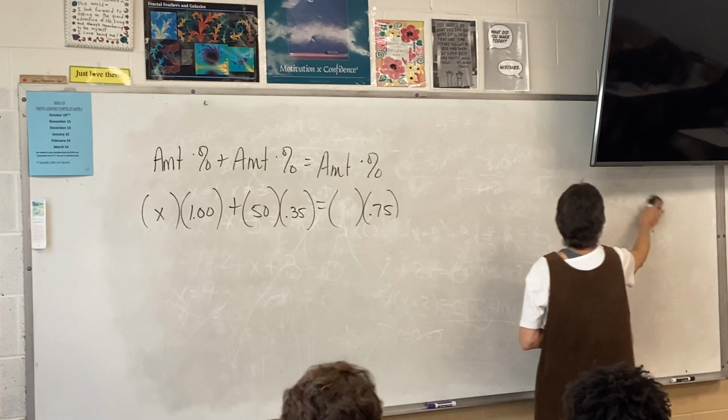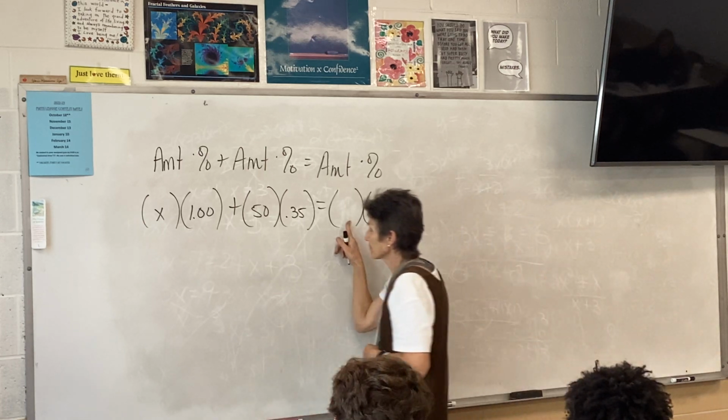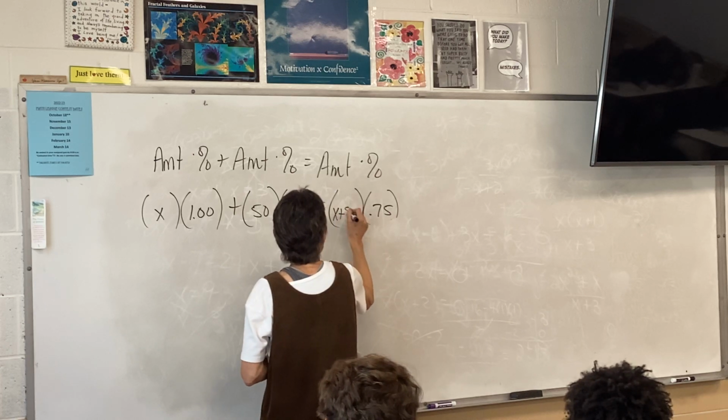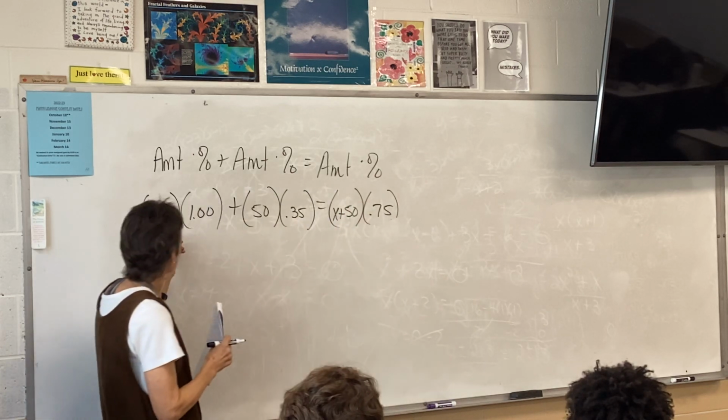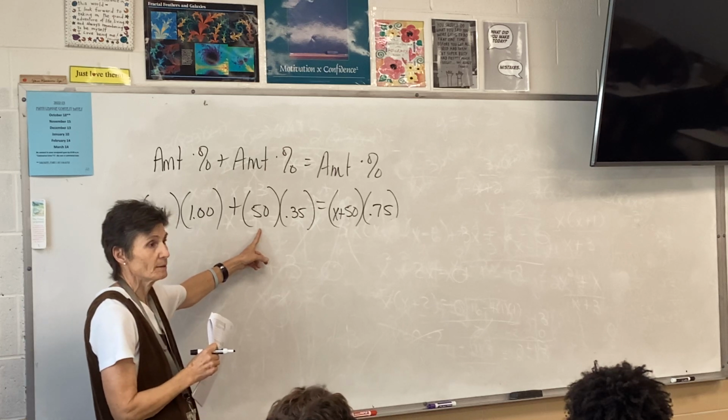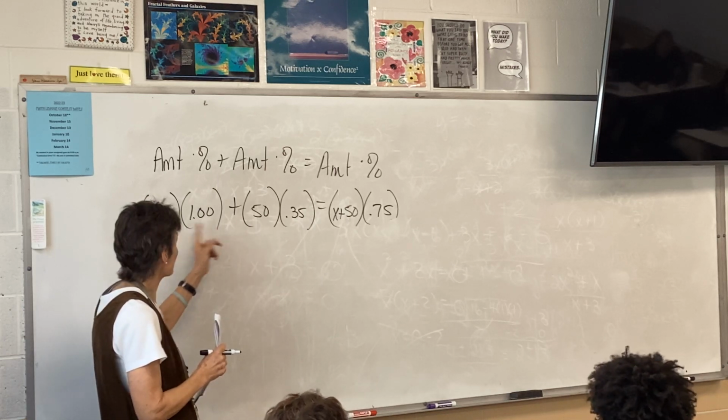Okay, what am I going to put here? X plus 50, because I am mixing X milliliters and 50 milliliters, adding them together.